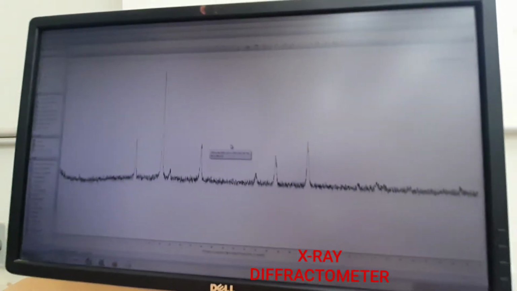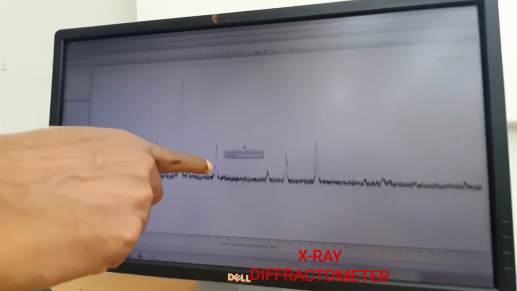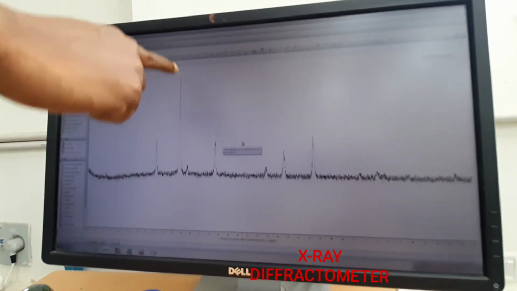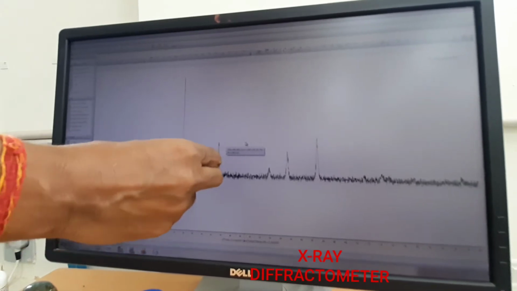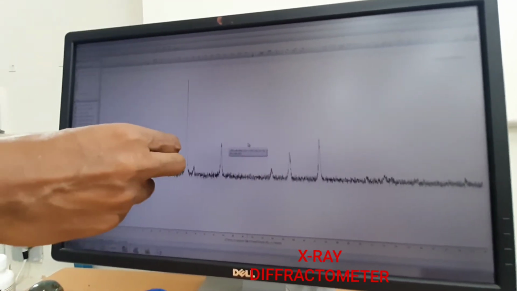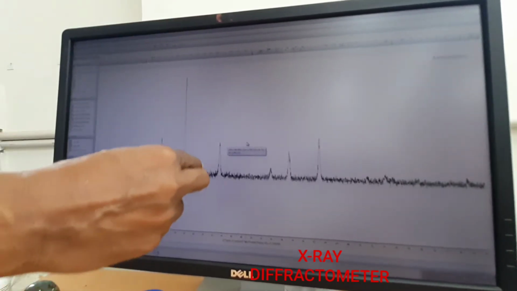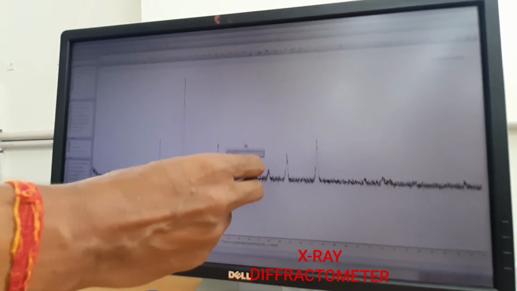We can see here the patterns showing some sharp peaks and some more noise-like peaks. The sharp peaks show the material is in a crystalline structure, and the noise-like peaks show the amorphous structure.